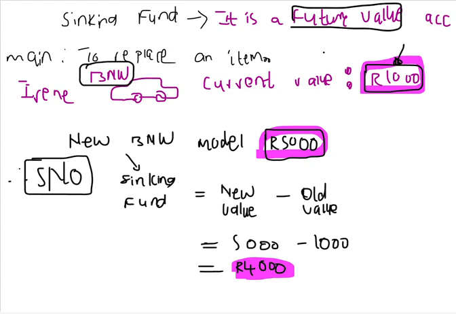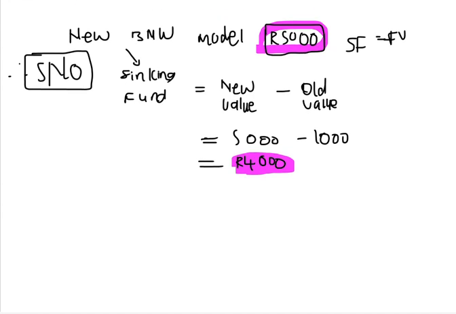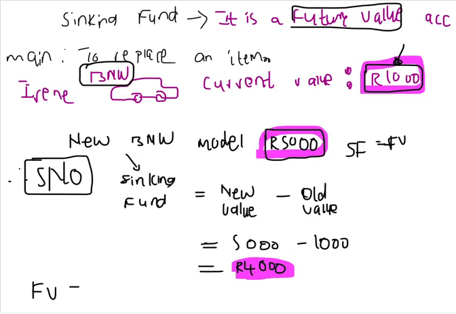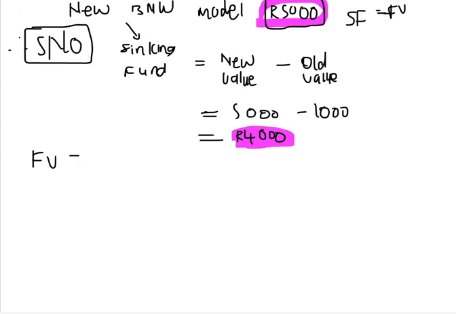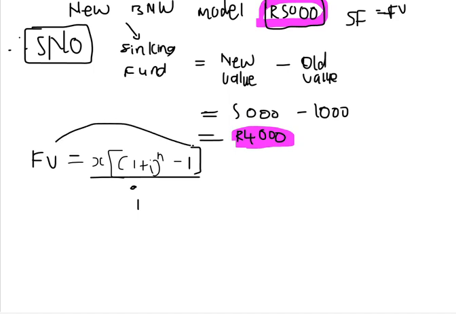In other words, the sinking fund is equal to FV, and you're going to use this amount as your future value. The future value formula is given by: FV equals x multiplied by (1 plus i) to the power of n, minus 1, everything divided by i, and you will replace your future value with your sinking fund value.